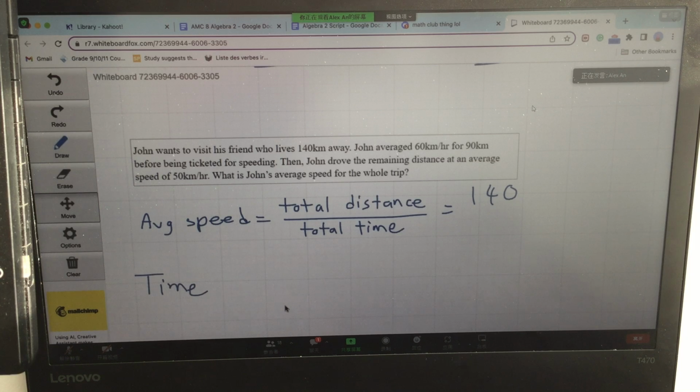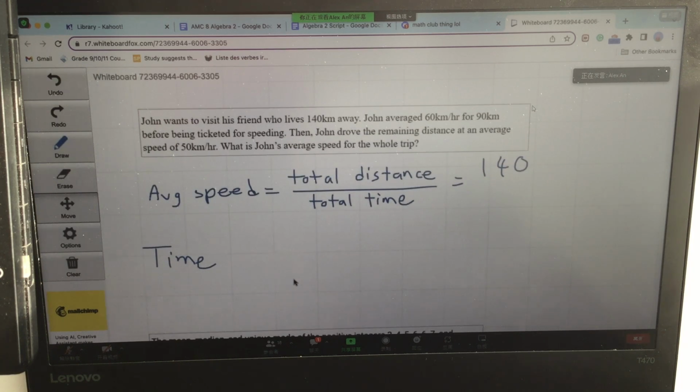For this question and for any other question involving speed, distance, and time, there is a very useful formula that relates them: distance equals speed times time.